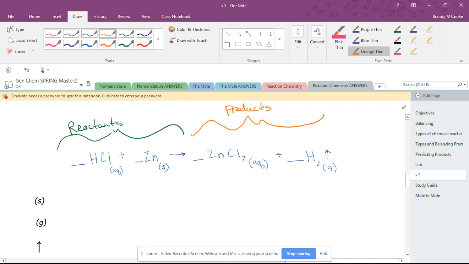And we know this arrow right here means yield. So in this example equation, we have hydrochloric acid, HCl, plus zinc yields zinc chloride and hydrogen gas. And there's a few things in this that we need to recognize.